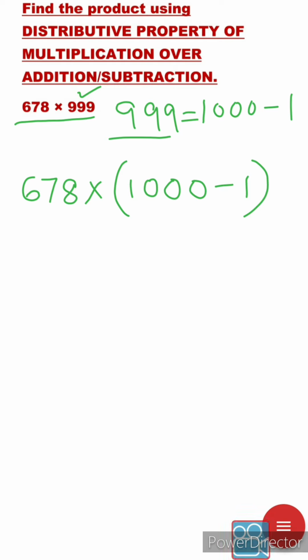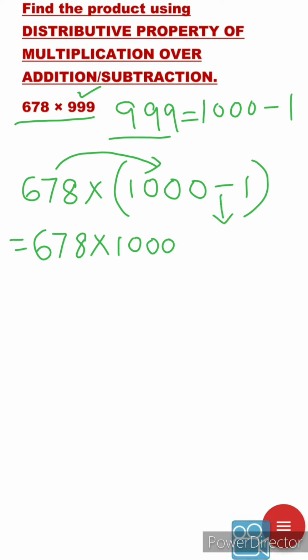Here, first we have to multiply 678 by 1000. So I'm writing this 678 multiplied by 1000. Then under this minus sign, we will have to put this minus sign. Then again we will have to multiply the same number 678 by 1.